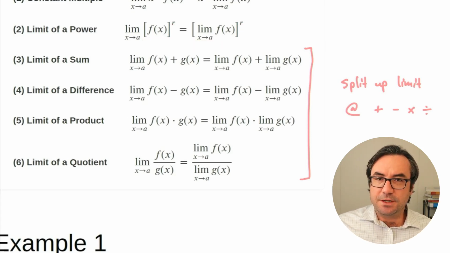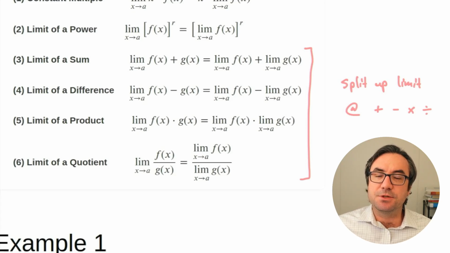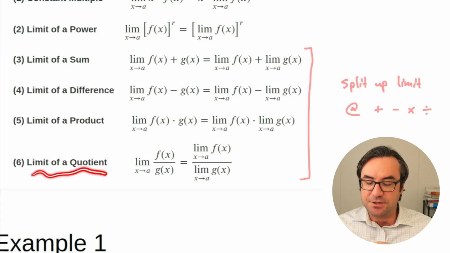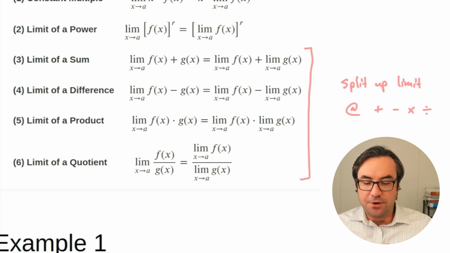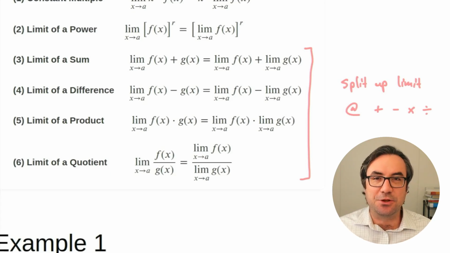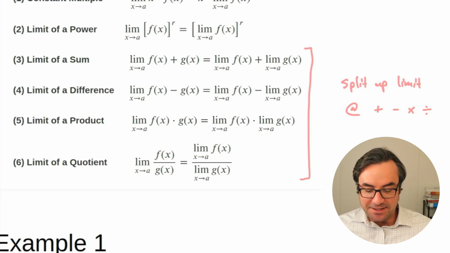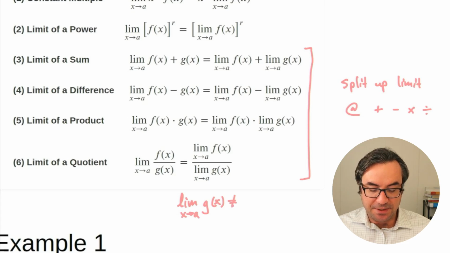And the one we're going to see quite a bit that does present some issues is this quotient. So there is an exception to the rule here, and that is, for this one, the limit of g of x as x approaches a cannot be 0.